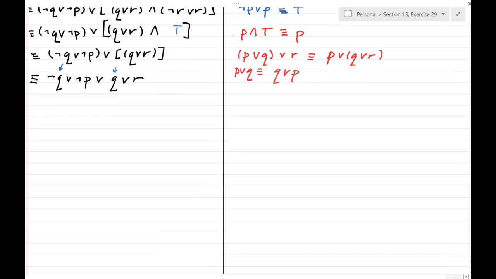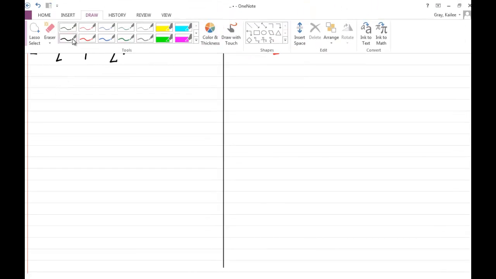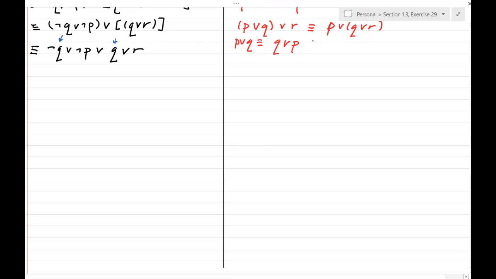Let us go down a bit. Alrighty. So let's do another step. Just like we showed here, the or operator is commutative. So what I'm going to do is just swap the order of not P and Q. So then I'll have not Q by its friend Q. They love each other.